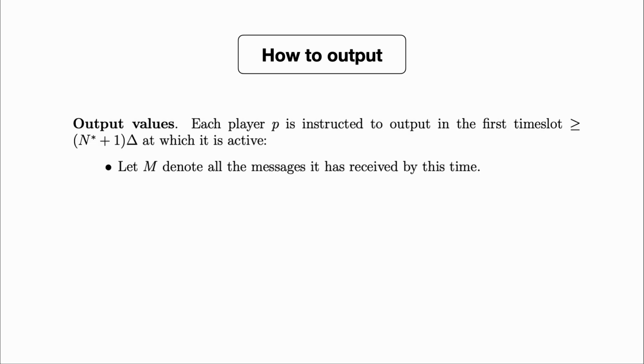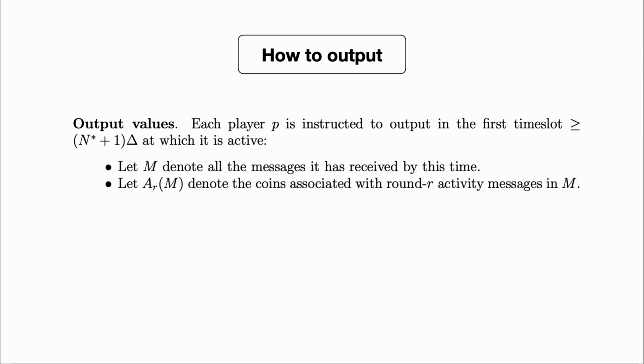We need a few basic definitions first. Let M denote the set of all messages received by this time. Let A_r(M), for each round r, denote the coins associated with round r activity messages in M. Okay, so these are just the coins that have sent out activity messages saying that they're active in round r.